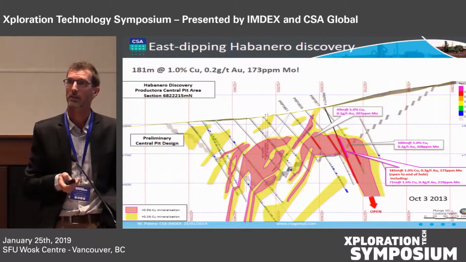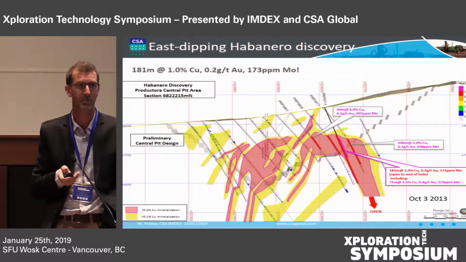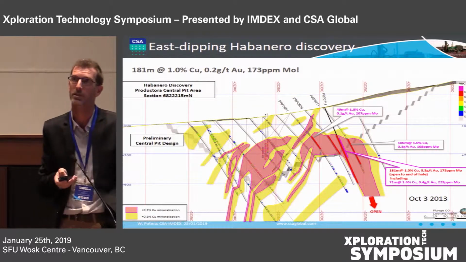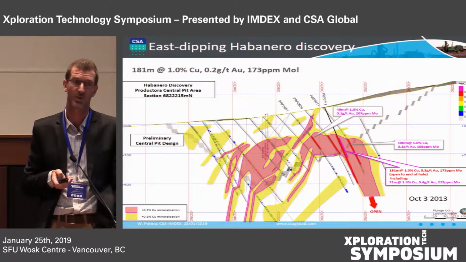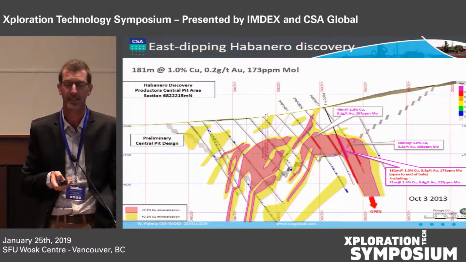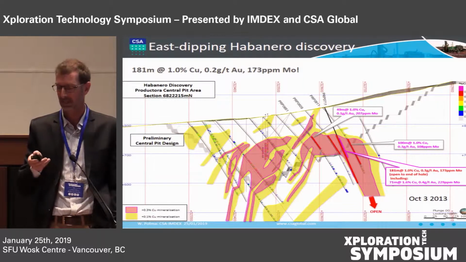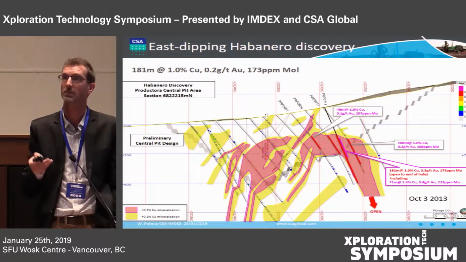So we chased that, and the net result was not all of the system dips towards the west, and it's not all a perched high-grade breccia zone. This was a game changer. This basically increased the first reserve by 10%. Well, actually helped us build the first reserve, and contributed to more than doubling the resources in the system.